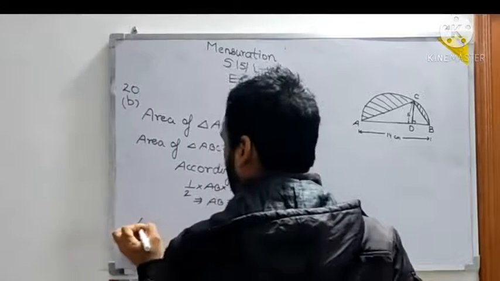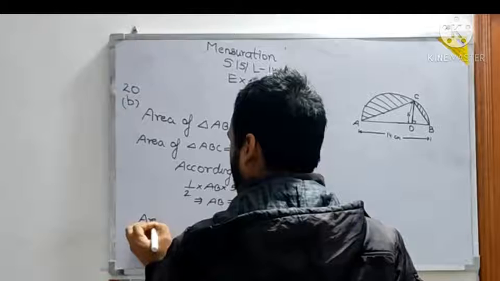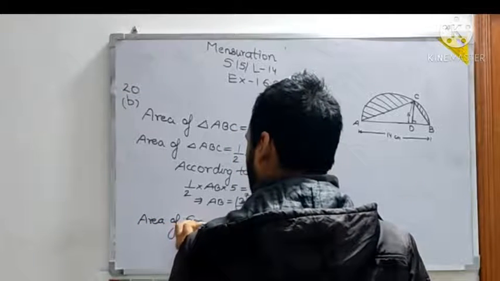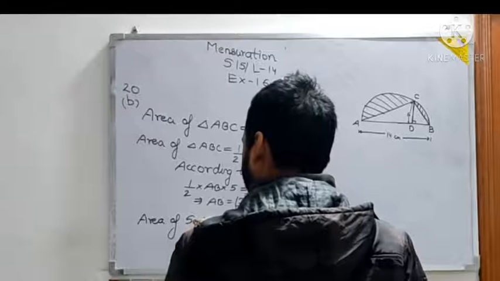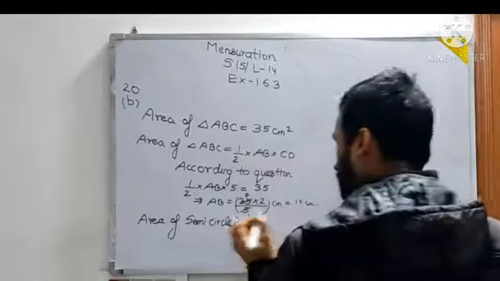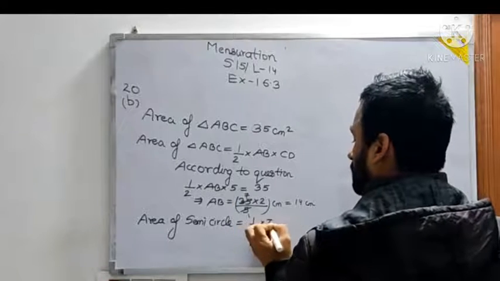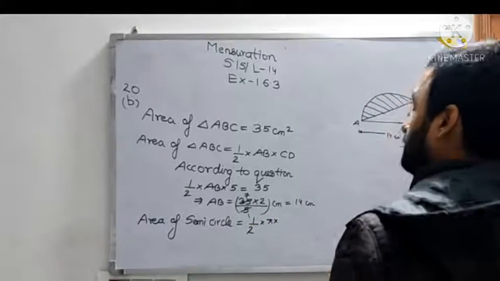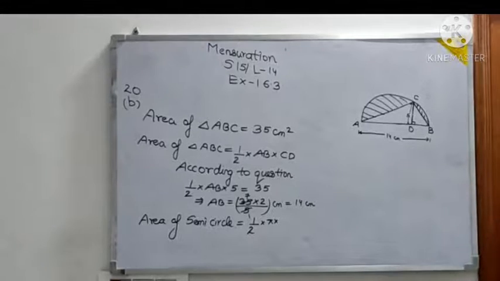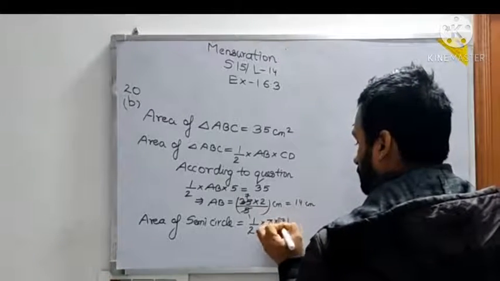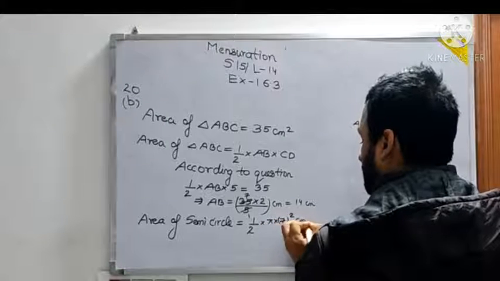So right here, area of semicircle is equal to half into pi r square. AB is the diameter, so half of it will be the radius, so it will be 7 square centimeter square.